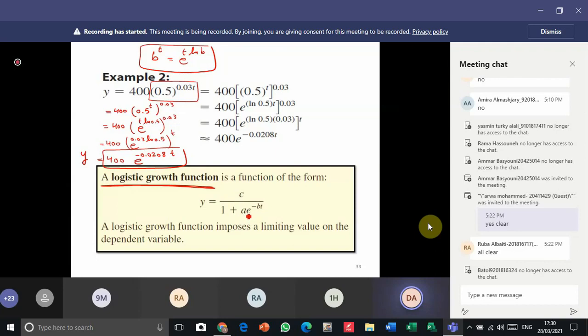The maximum value equals C, the minimum value equals C over 1 plus A. So the maximum here is C, the minimum equals C over 1 plus A. So this is called the logistic growth function: C over 1 plus A e to the power minus bt. Okay, an example about this.